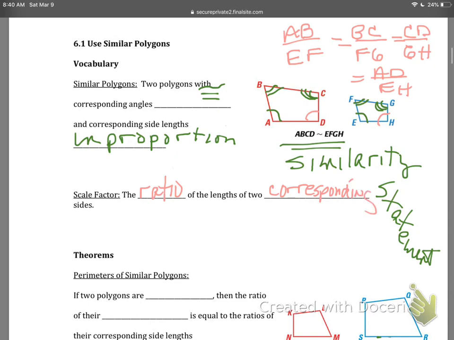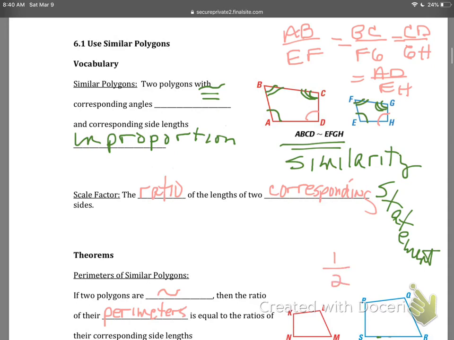Okay, let's go on, and we're going to fill in about the first theorem. So the theorem deals with the perimeters of similar polygons. So if two polygons are similar, and here's our shape for similar, then the ratio of their perimeters is equal to the ratio of the corresponding sides. So for example, let's say the red to the blue is in a ratio of 1 to 2.